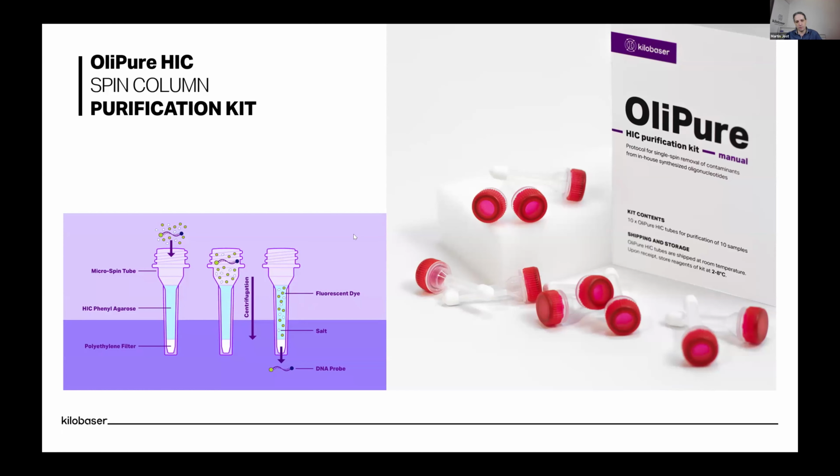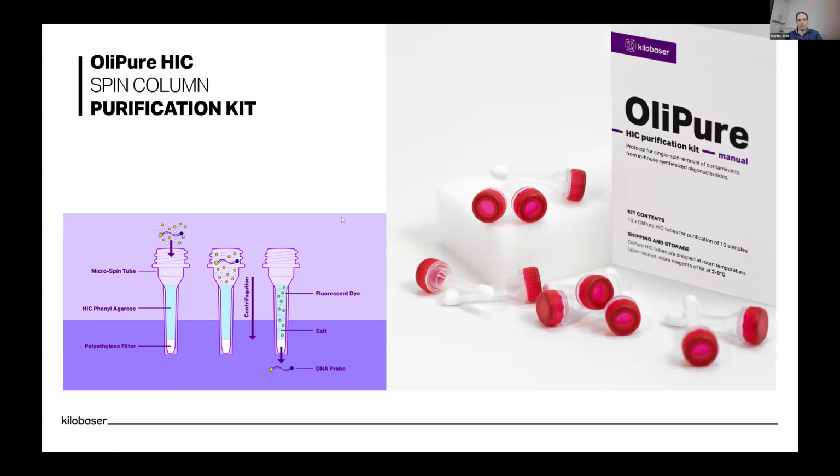In the case of probe synthesis, you would have some remnants of fluorescent dye in the final product. And this would disturb especially qPCR applications because you have an overwhelming amount of fluorescence in the product. So this is specifically developed to remove these fluorescent dyes.